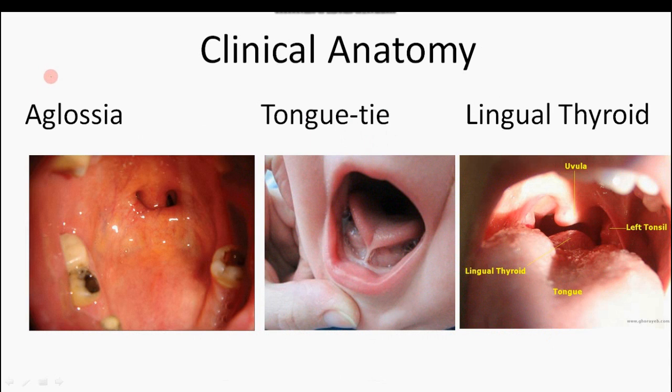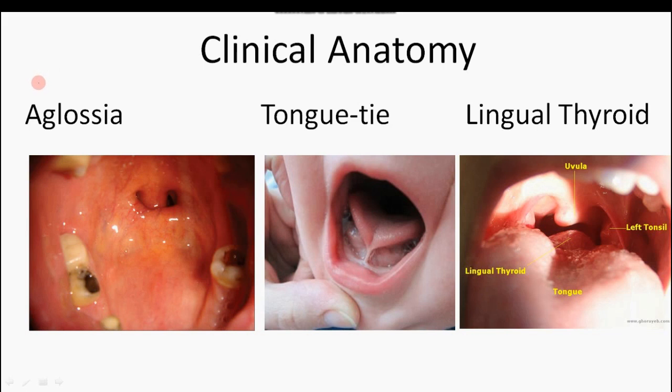Now we are at the end of the lecture, clinical anatomy. There is a lot of clinical anatomy in respect of the tongue, but a few are very important that I will discuss with you.